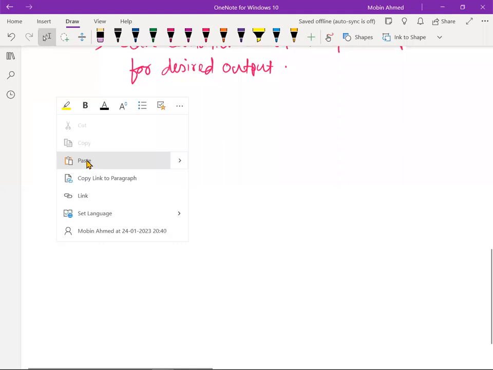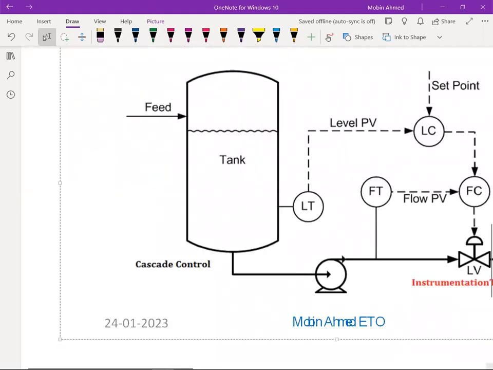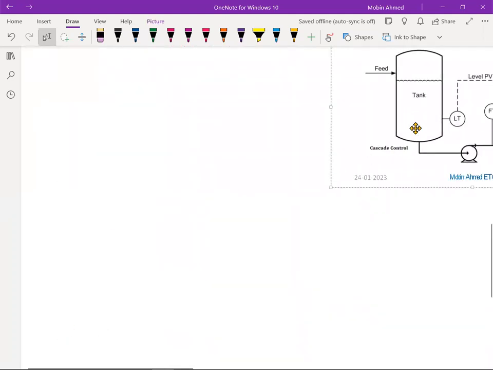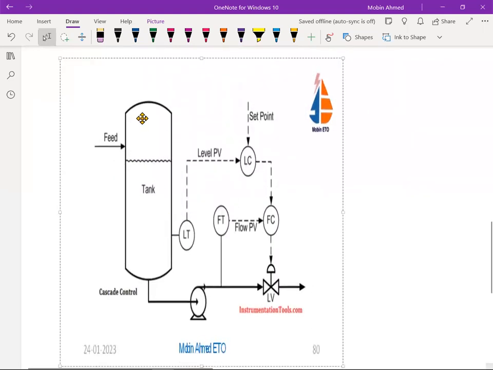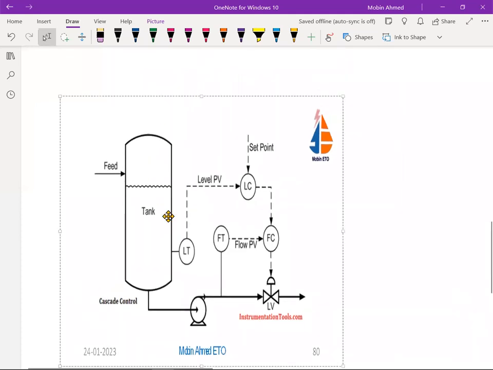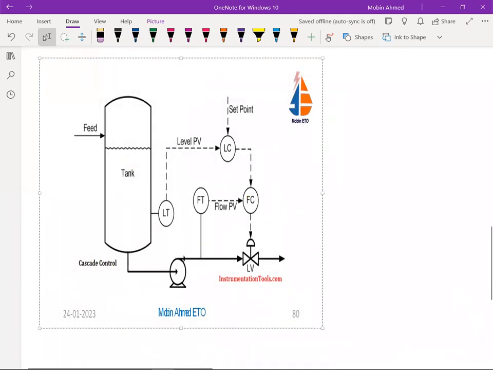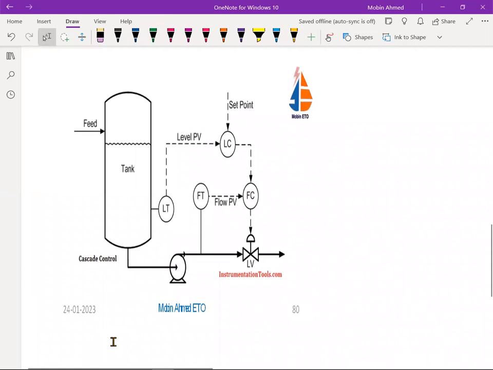Okay, so there is one example of this type.